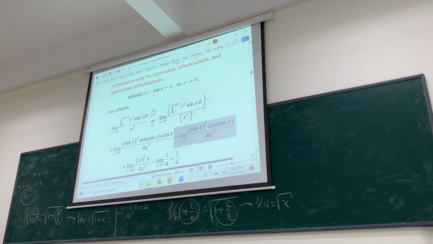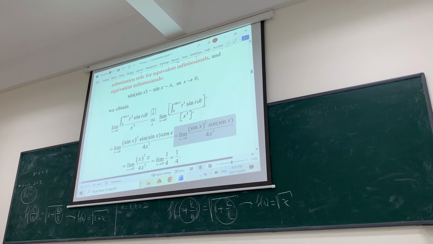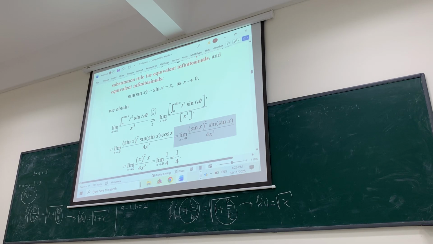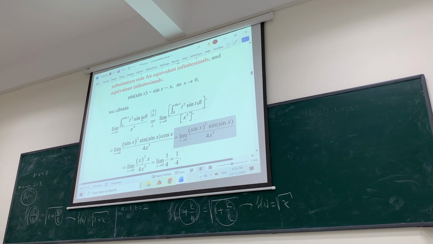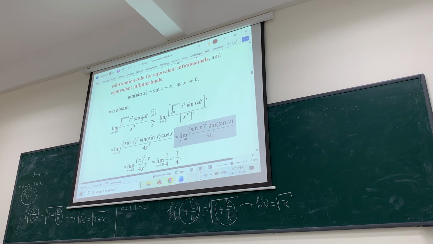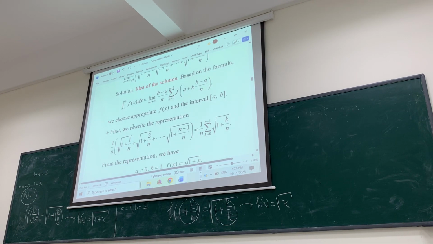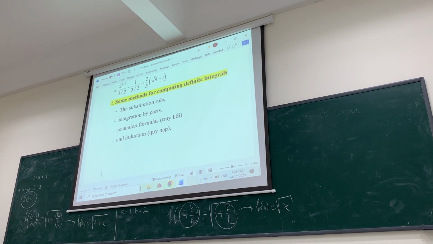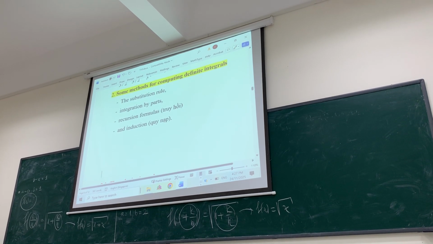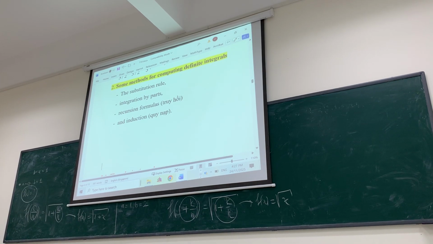Okay, we need to recall the two fundamental theorems. Okay, we continue to listen to some methods to compute definite integrals. Okay, you need to write down. Now, to continue, we look at some methods for computing definite integrals.